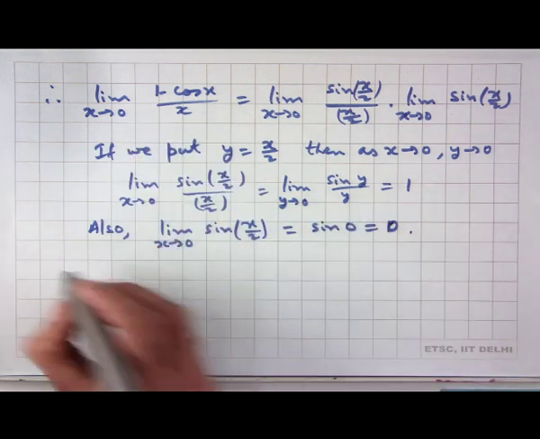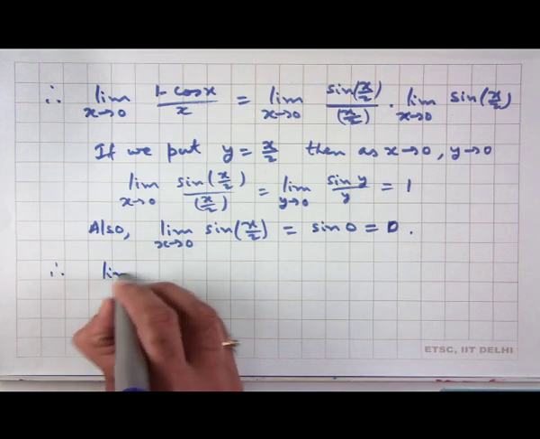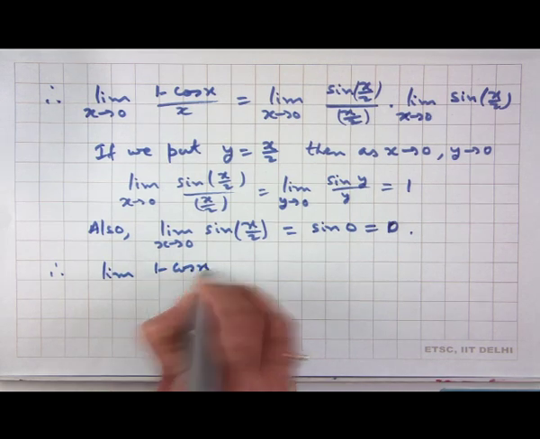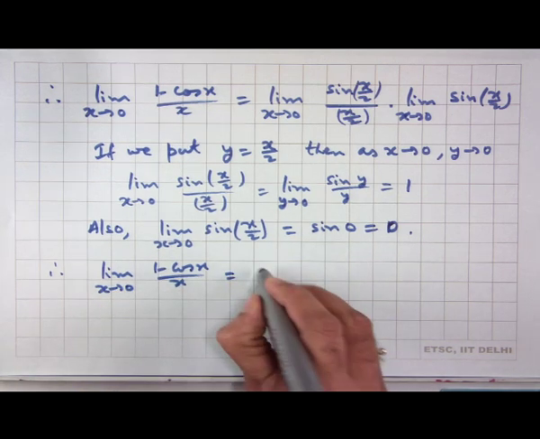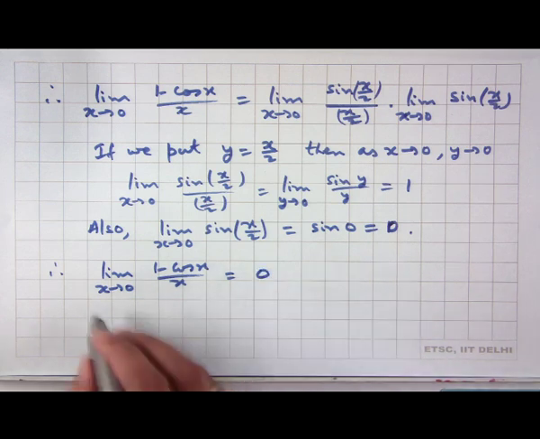So, therefore, the limit of 1 minus cos x by x as x goes to 0 is equal to 0.